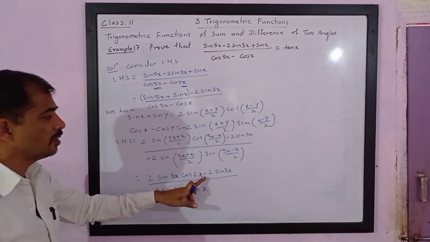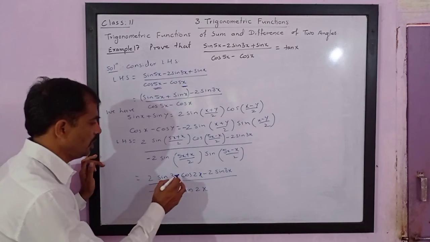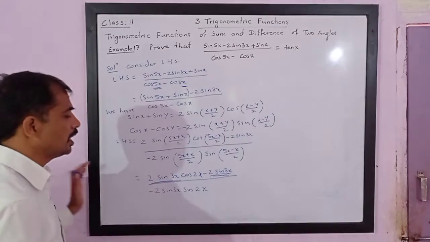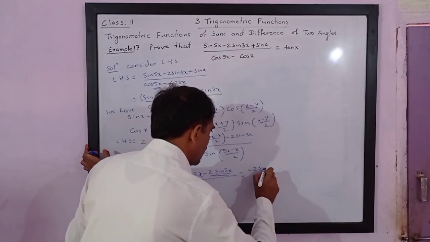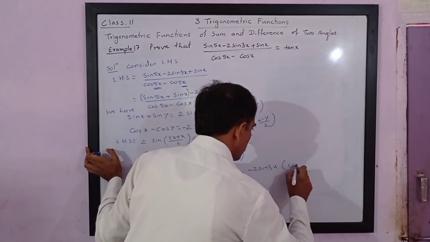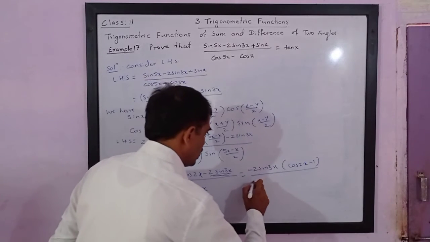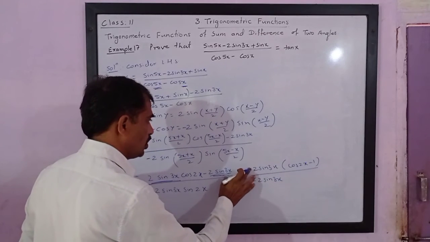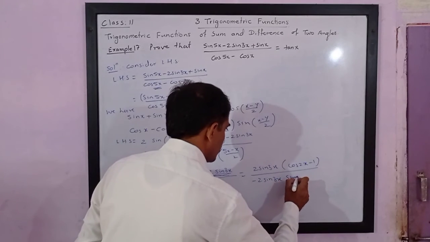Now see, because of this minus sign we cannot eliminate the terms directly. To eliminate, watch carefully, we have 2 sin 3x and 2 sin 3x common, so we can take it outside the bracket. We get 2 sin 3x, inside you will have cos 2x minus 1, upon minus 2 sin 3x into sin 2x.